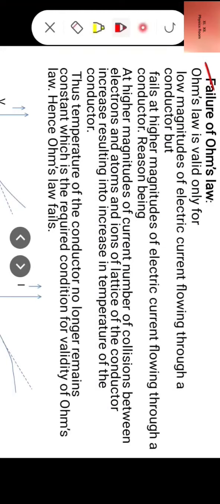Now, failure of Ohm's law. Ohm's law is valid only for low magnitudes of electric current flowing through a conductor, but fails at higher magnitudes of electric current.